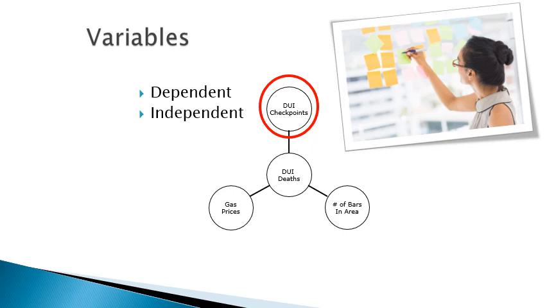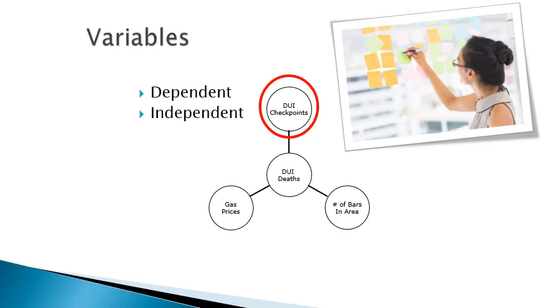So what's outside are the things that could cause a change, independent variables, that can cause a change to the dependent variable. So as the number of DUI checkpoints increases, we may think DUI-related fatalities will decrease. As the number of checkpoints decrease, we might think DUI-related fatalities will increase.